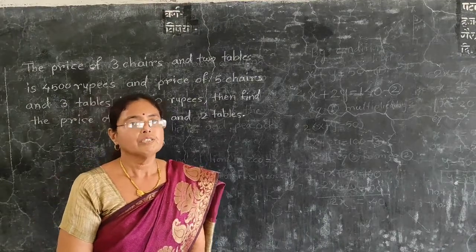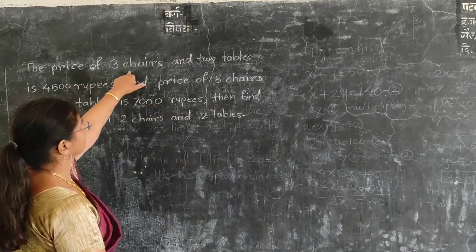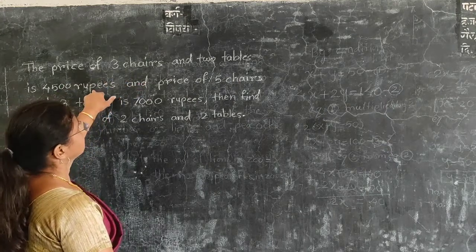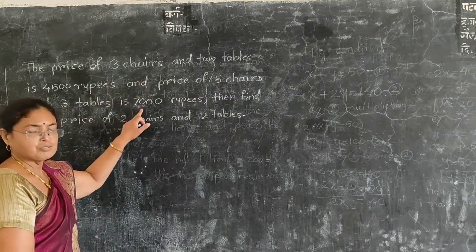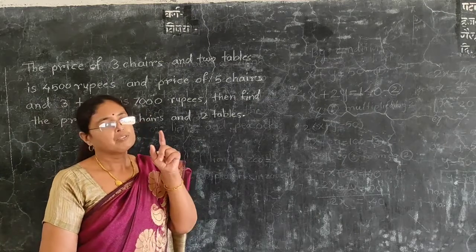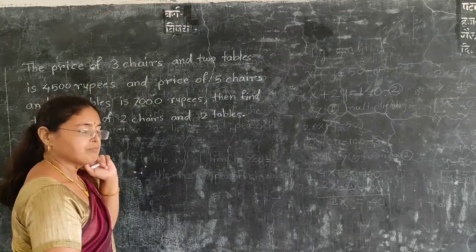Let us solve another example. Here, the price of three chairs and 2 tables is 4,500 rupees, and the price of 5 chairs and 3 tables is 7,000 rupees. That means we have to keep two variables for the price of a chair and the price of a table.